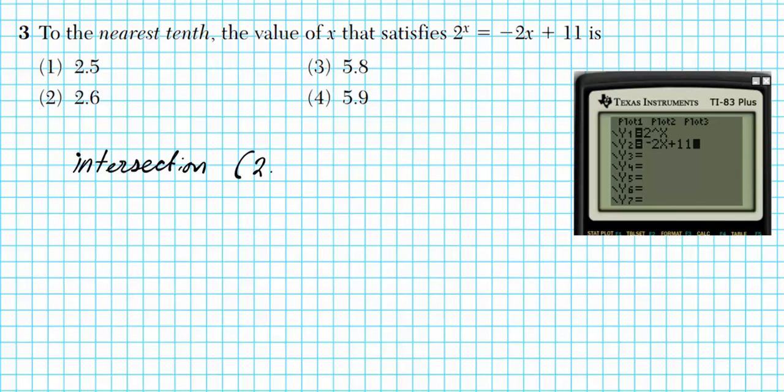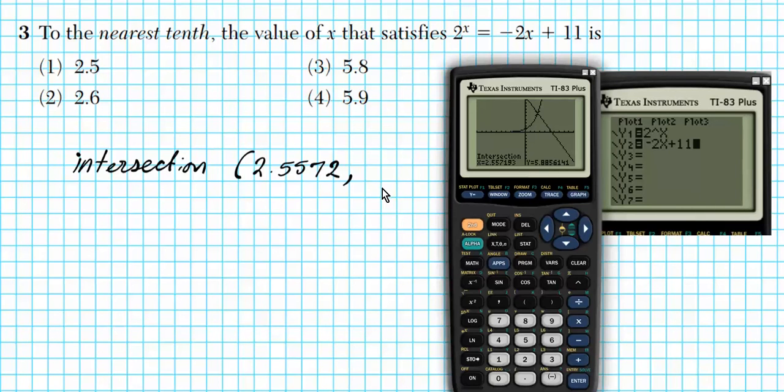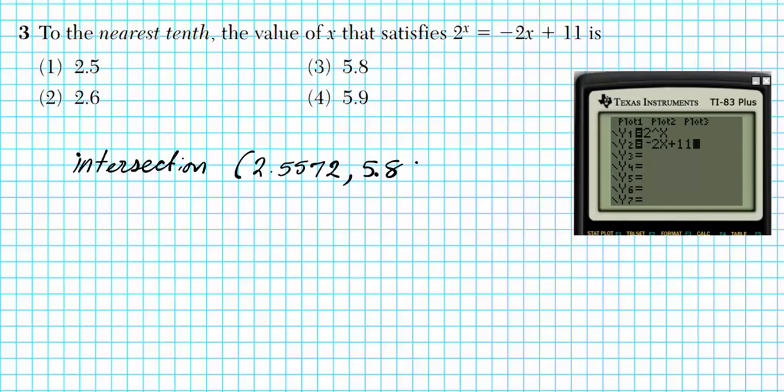That's the x coordinate, and the y coordinate is 5.8856. Now you gotta be careful here, we're looking for the x value that satisfies this equation. So this is your x coordinate, this is your y coordinate.